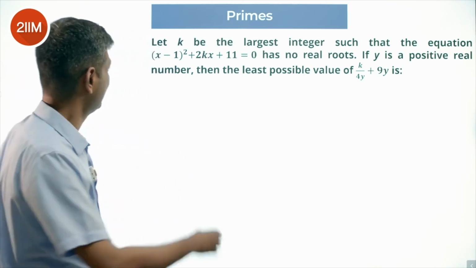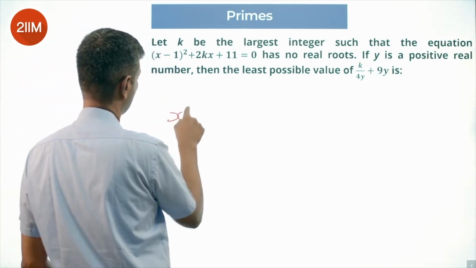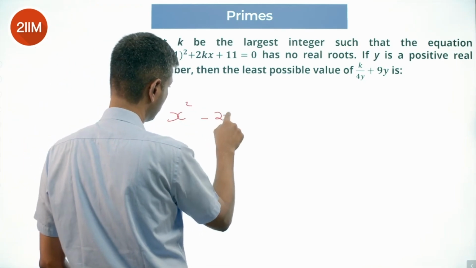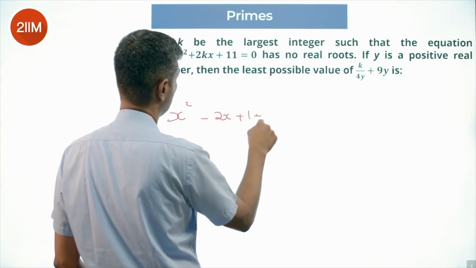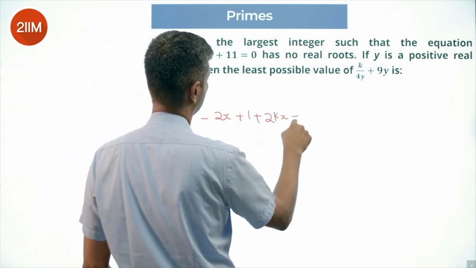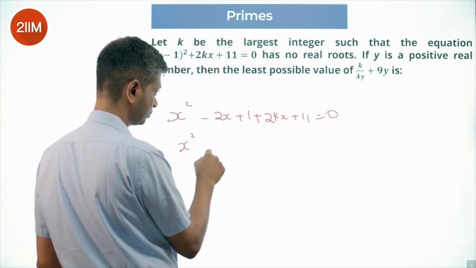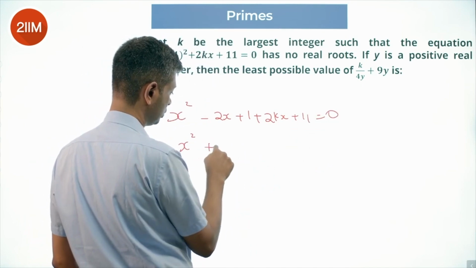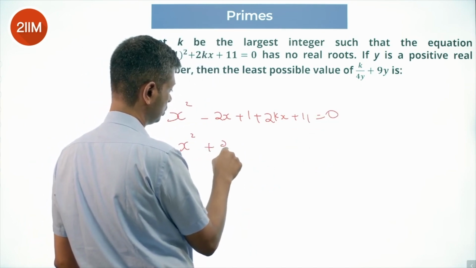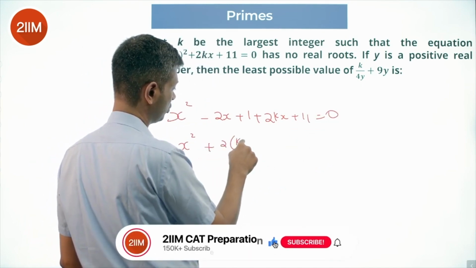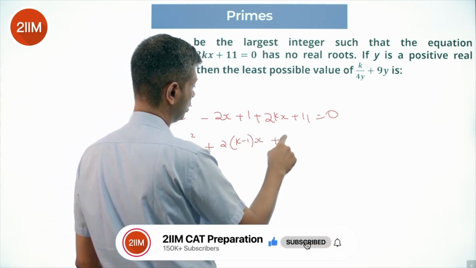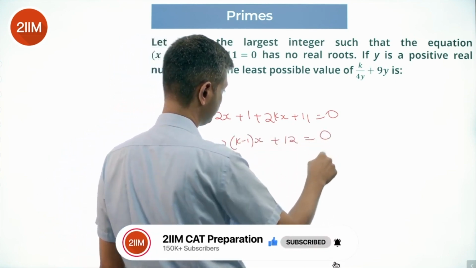Doable question. Expand this. This becomes x square minus 2x plus 1 plus 2kx plus 11 equal to 0, which is x square plus (2k minus 2), 2 times (k minus 1) times x plus 12 equal to 0.